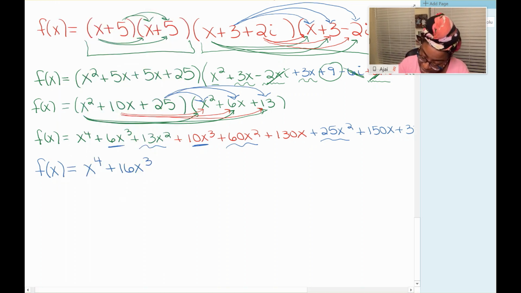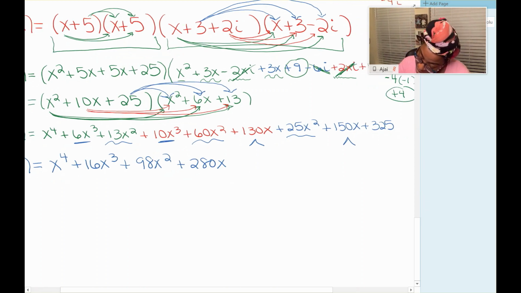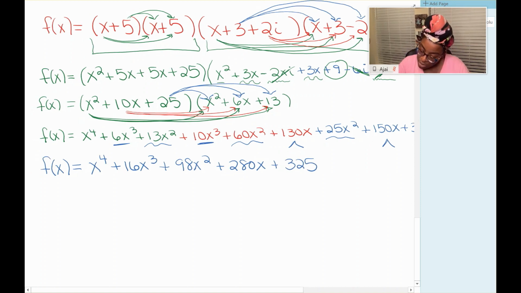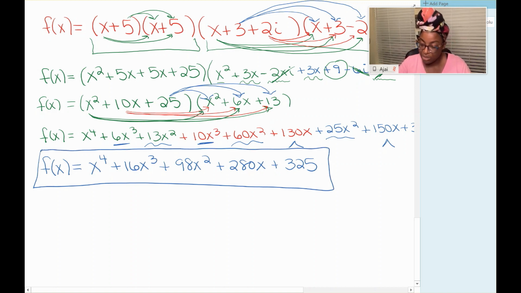So that's 98x squared. And then I have, what else do I have? 130x plus 150x. That's 280x. And then all the way at the end, I had that 325. And here we have our lovely answer.